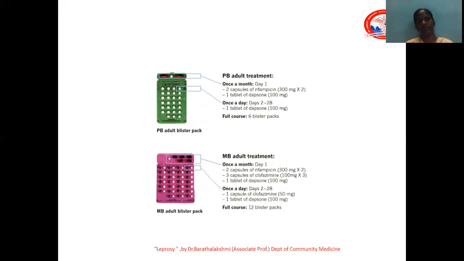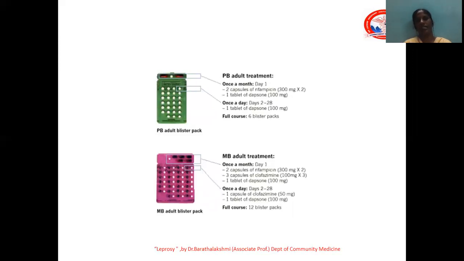In the new strip, the first dose, 600 milligram of rifampicin and 100 milligram of dapsone, will again be taken under the direct supervision of the health worker in the center itself. So this is how every month goes for a period of 6 months. So this is paucibacillary treatment.